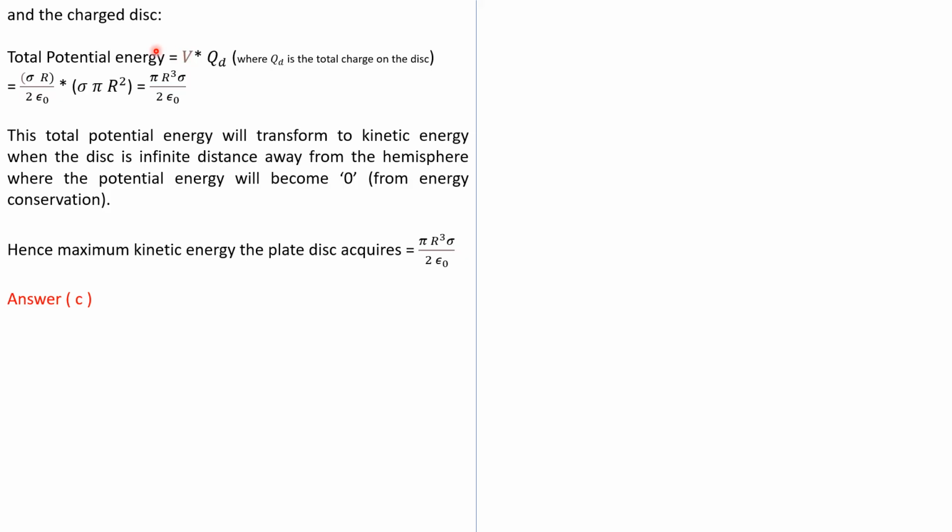So it means the entire potential energy will change to the kinetic energy. So hence the maximum kinetic energy the plate disk acquires is equal to the total potential energy of the system. So our answer will be C option.